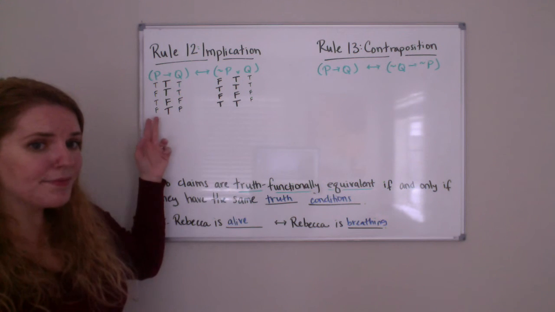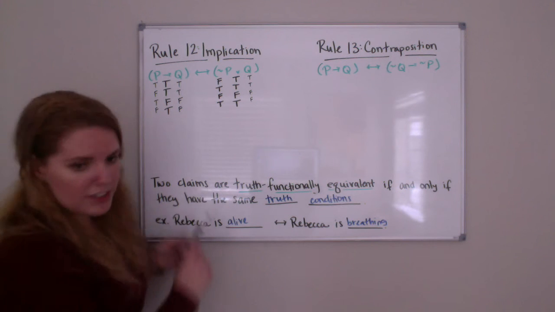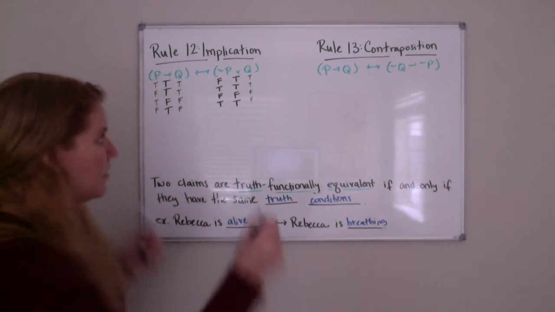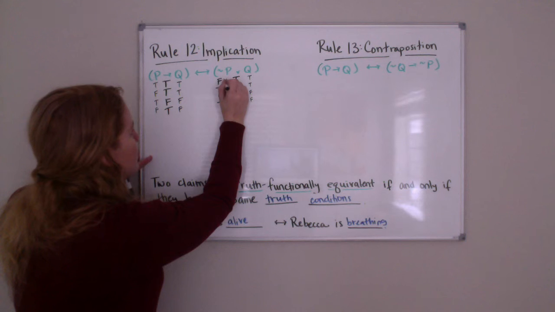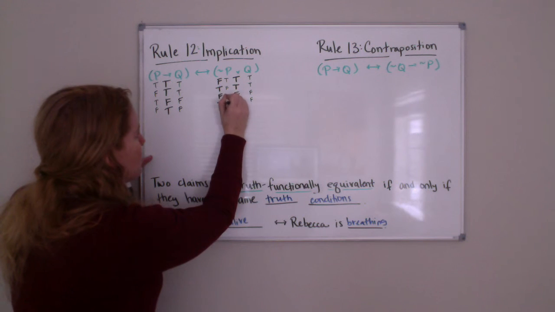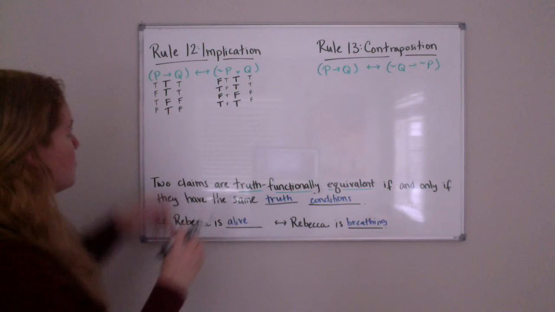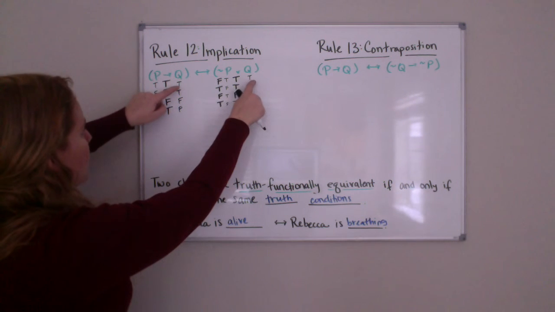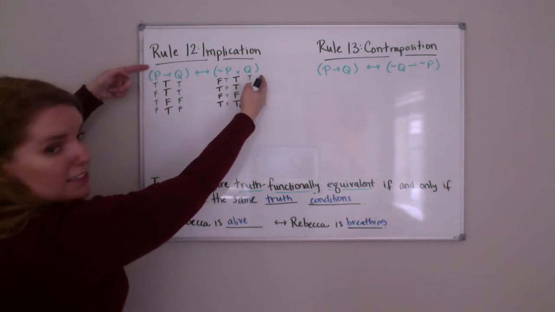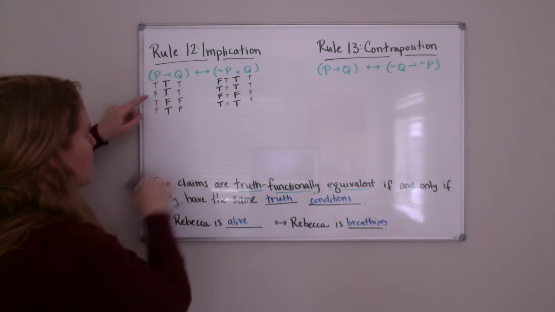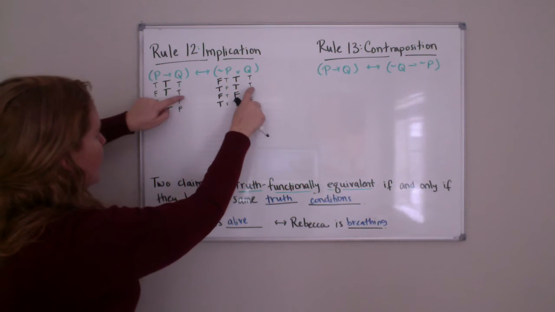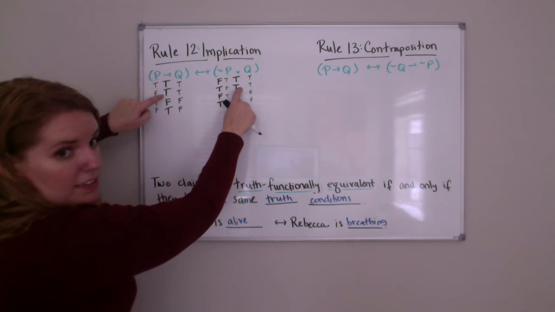vice versa. So in the situation in which, here I'm going to rewrite my truth values for P just to show you. So the situation in which P and Q are both true, both of these claims are true. In the situation in which P is false and Q is true, both of these claims are true.